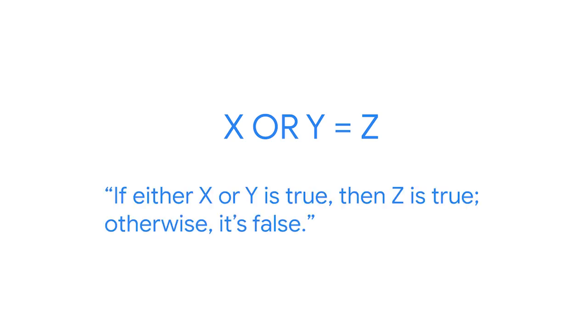The basic equation is x OR y equals z, which could be read as: if either x or y is true, then z is true. Otherwise, it's false. Therefore, 1 OR 0 equals 1, but 0 OR 0 equals 0.